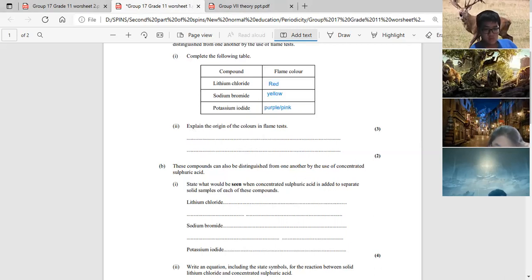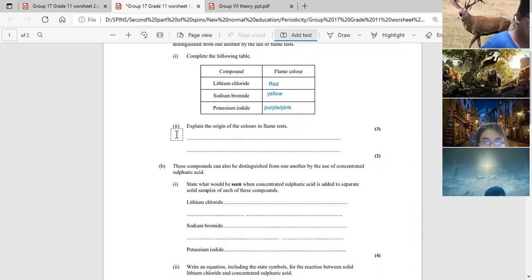Explain the origin of the colors in the flame test. The origin comes from the theory of transition metals.